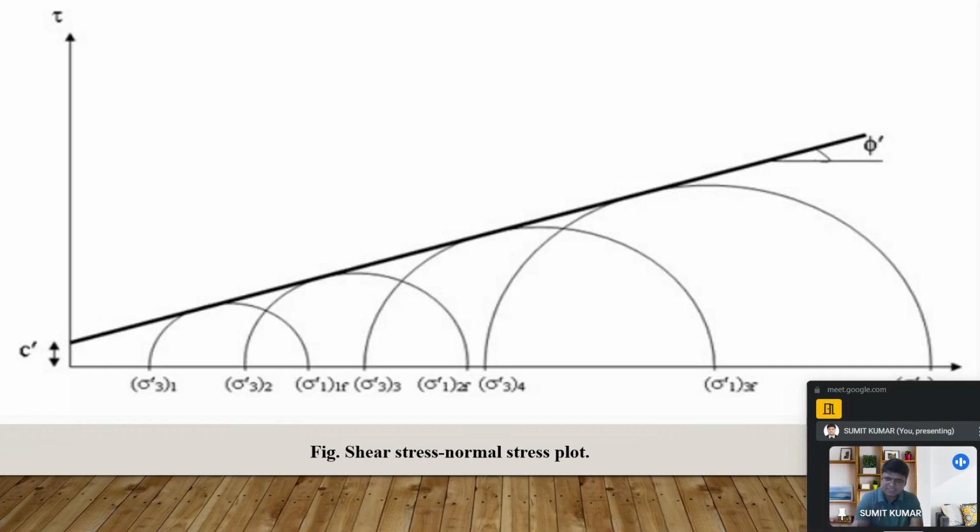Afterwards we apply sigma 3 dash 2, and for that we form sigma 1 dash 2, and subsequently we go ahead and are able to form the Mohr-Coulomb failure envelope. So this is the point I want to make. I think these points will be clear for you.